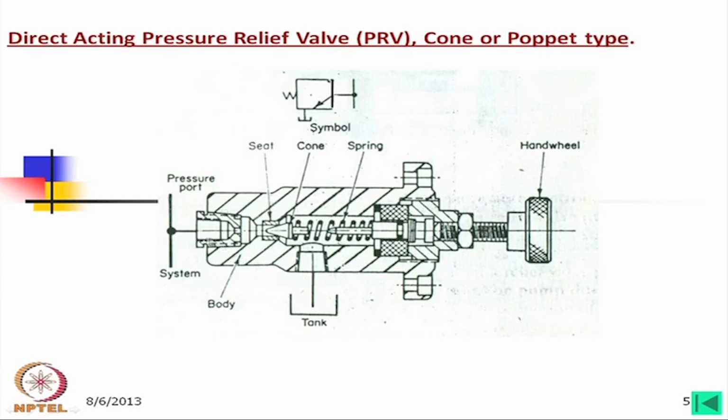Here we find an orifice on which a cone or poppet is placed, and this poppet is supported by another spring, where this spring can be compressed or expanded by tightening or loosening this hand wheel.